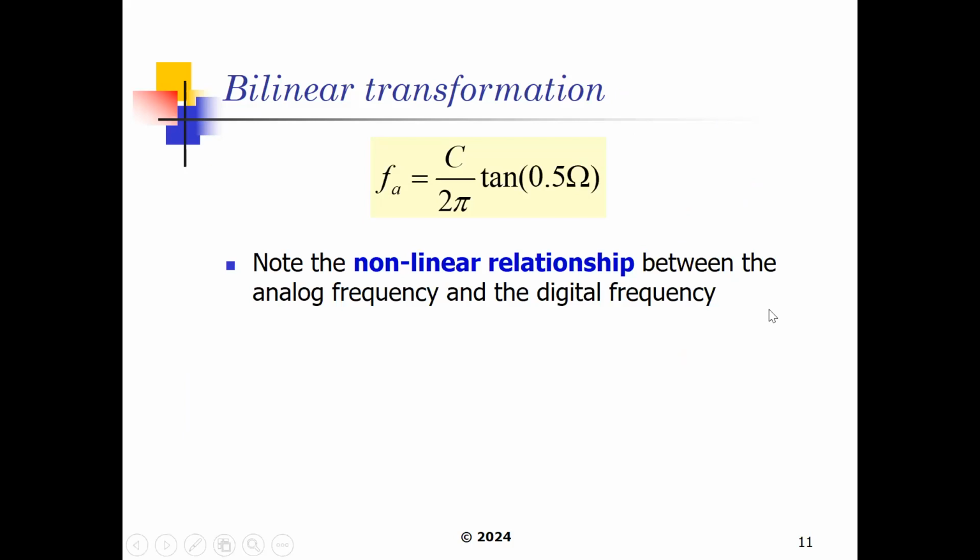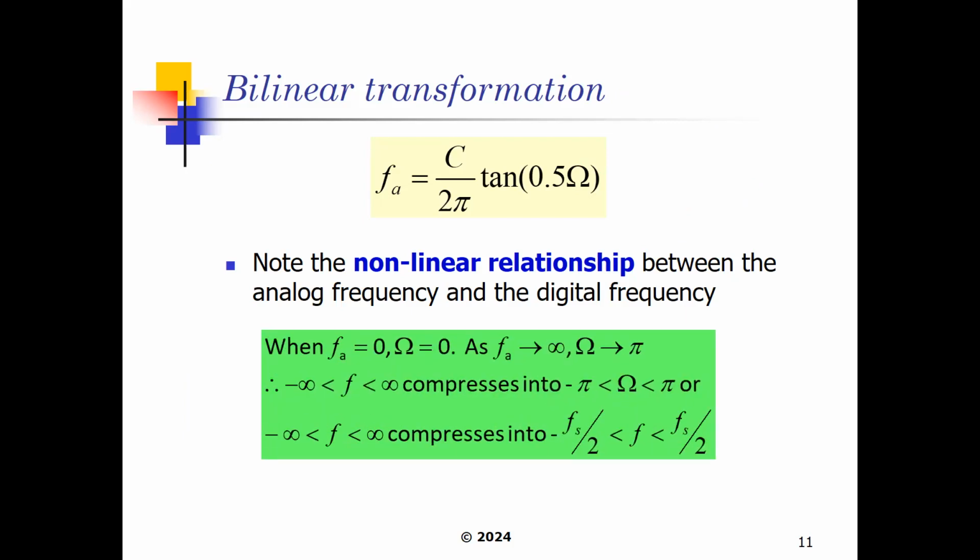Notice now how nonlinear the relationship is between the analog and the digital frequency range. In other words, in the analog, when fa is 0, capital omega is 0. When fa goes to infinity, capital omega goes to pi. In other words, you're crunching the whole infinite analog range.